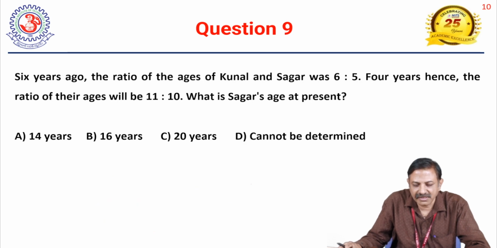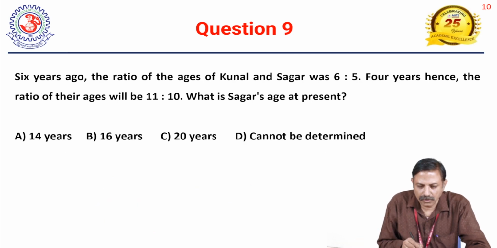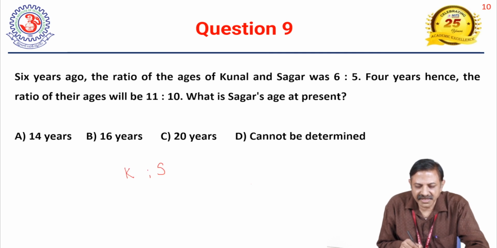Same model. So 6 years ago, the ratio of ages of Kunal and Sagar. So there are two persons, one is Kunal, one is Sagar. 6 years ago means minus 6. The ratio is 6 is to 5.